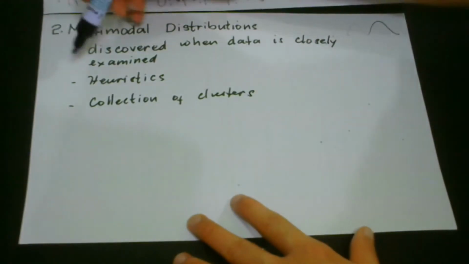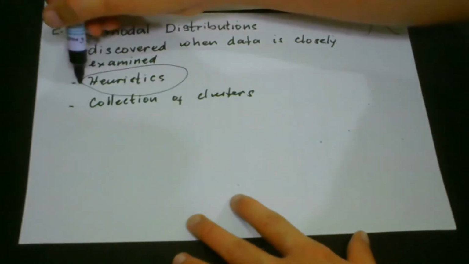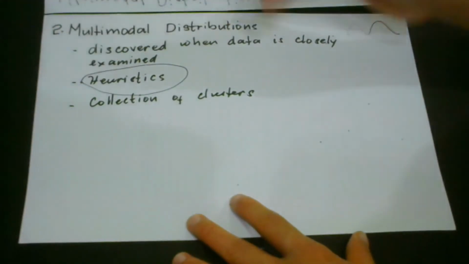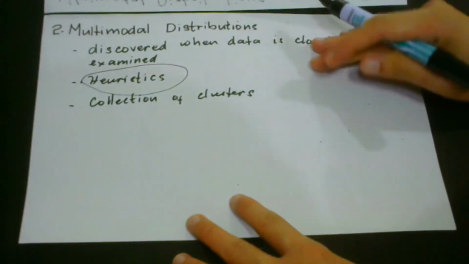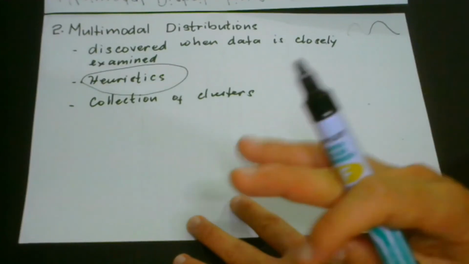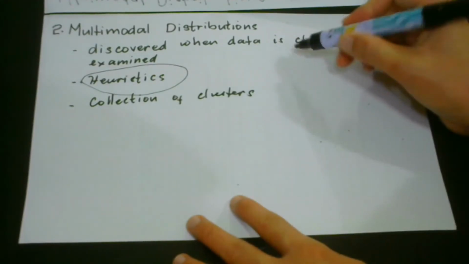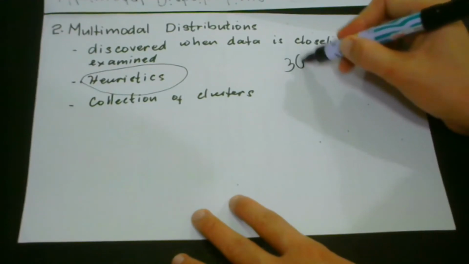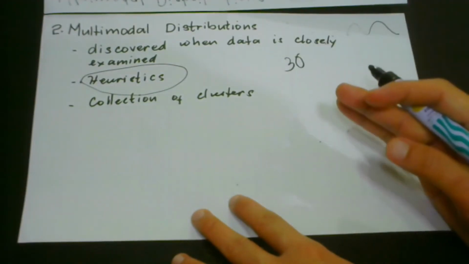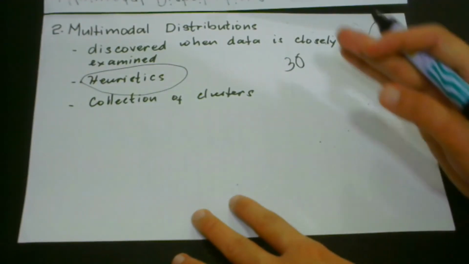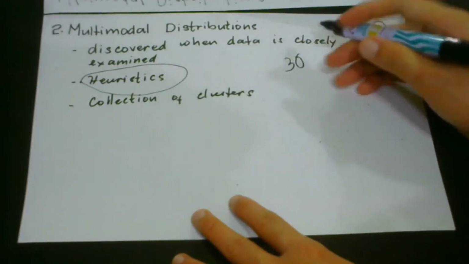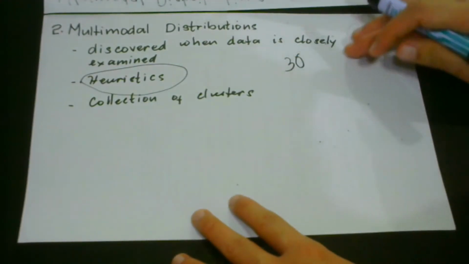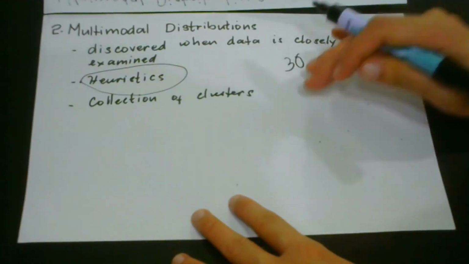In this case, it follows heuristics, which means that we have to discover or learn something for ourselves. If you could still remember, we have said that in some cases, we have set three standard deviations to be the boundary line between normal and not normal. And beyond three standard deviations, whether from the left or from the right, can be considered anomalous.